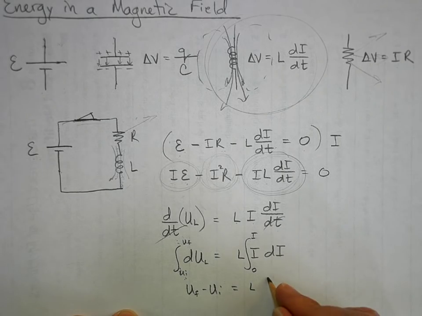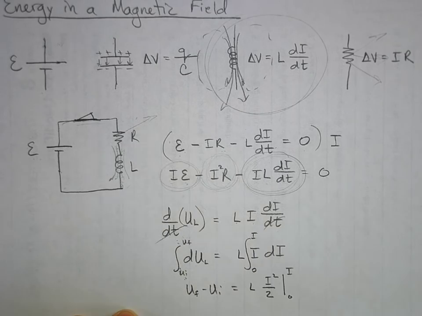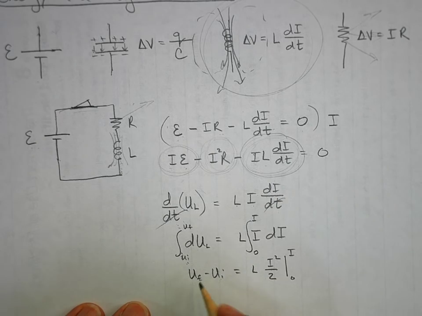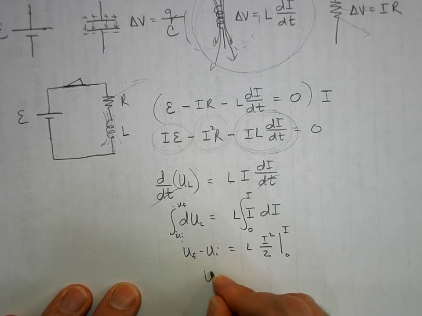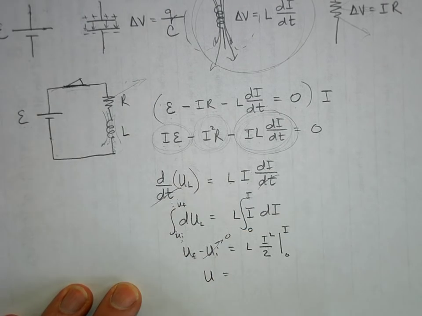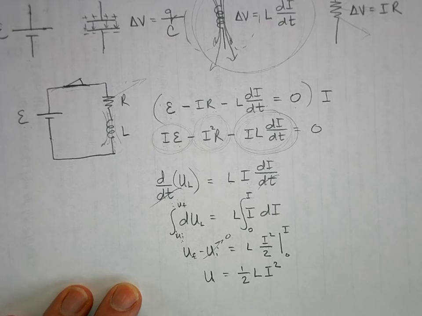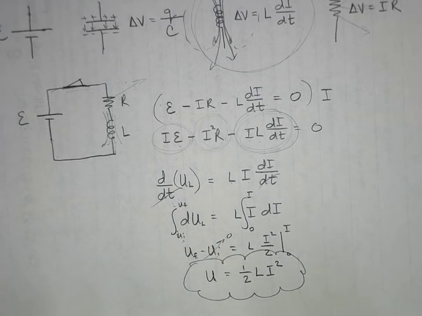Yeah, it's I squared over 2, going from 0 to I. And so our change in potential energy, or the potential energy in the inductor, which we'll just call U, we'll just say the initial is 0, is equal to 1/2 L I squared. And this is the equation for how much energy is stored in the inductor because there's current, because there's a magnetic field.